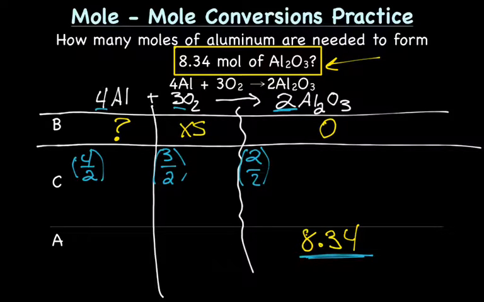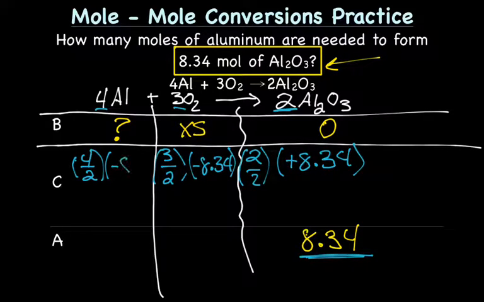Well, that's pretty easy. That's positive 8.34, which means the same amount was used for the reactants, but used means it's going to be negative. And this one is negative. Oh, it's kind of crowded. I hope you can read that.